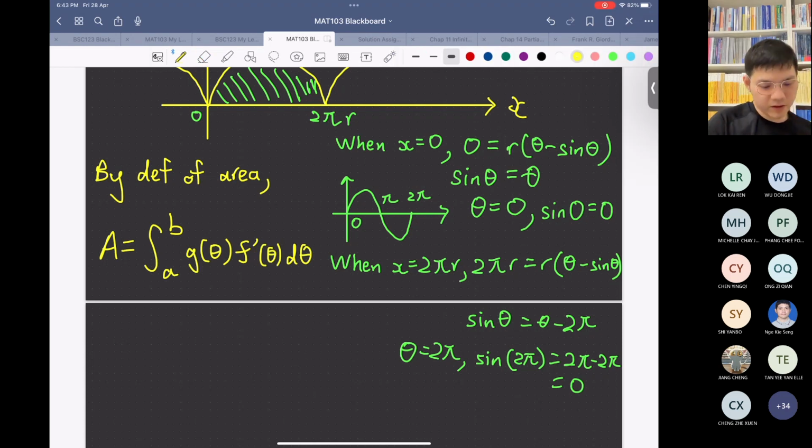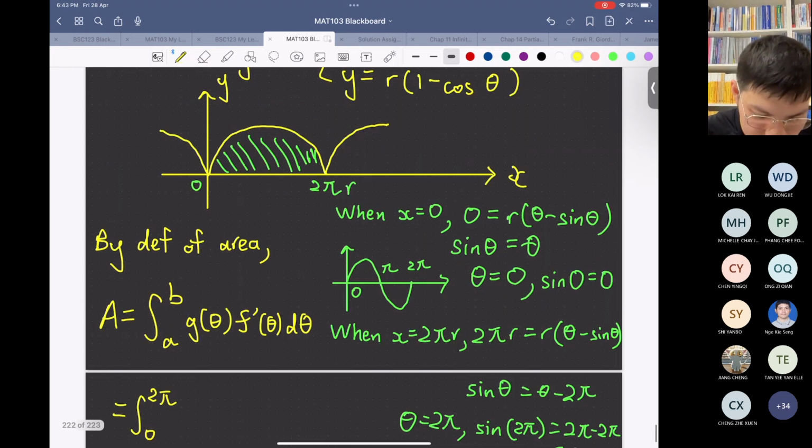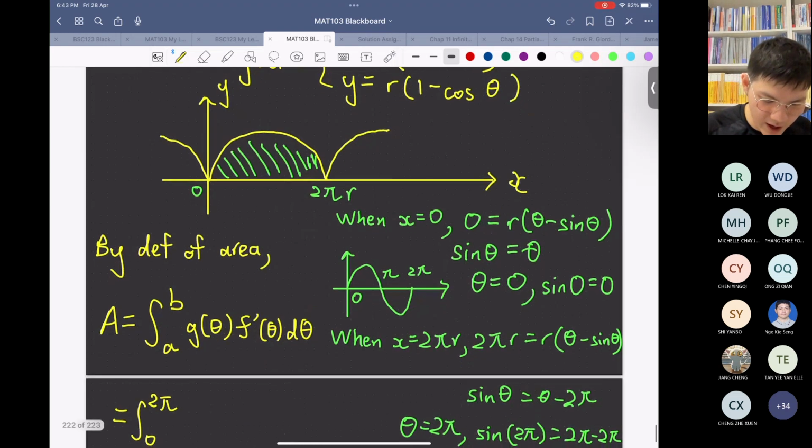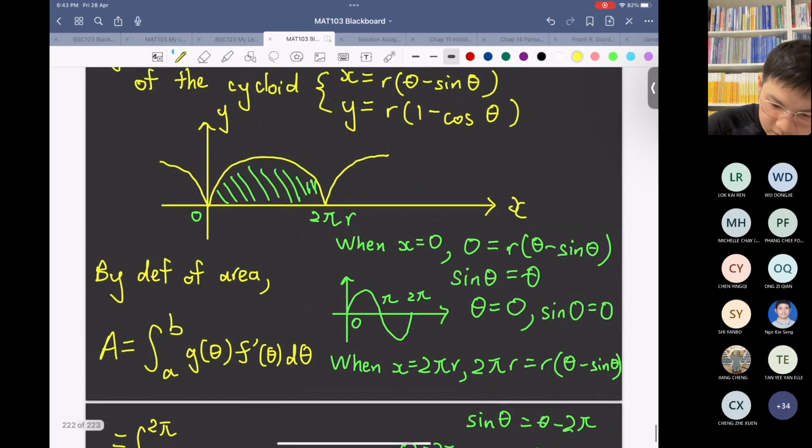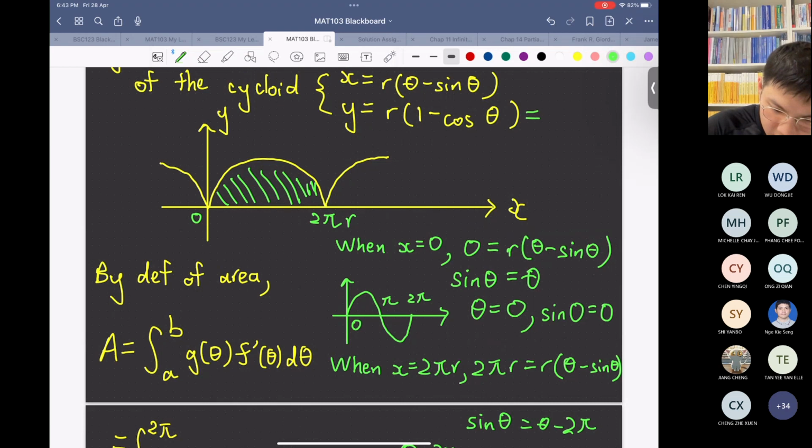So we have A to B now, from 0 to 2 pi. G theta, do we have it? We have it, it's the y, sorry. So this is our g theta.